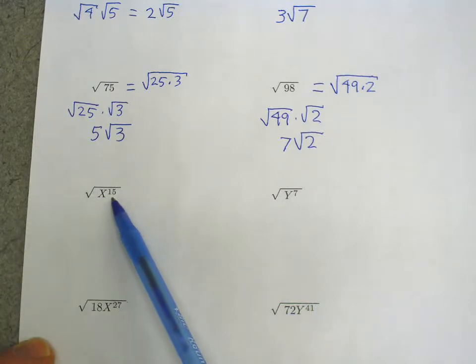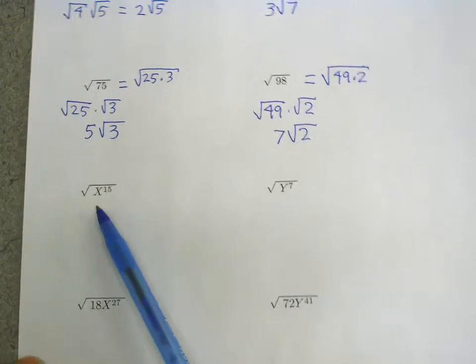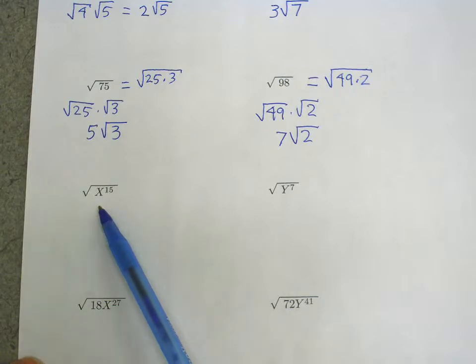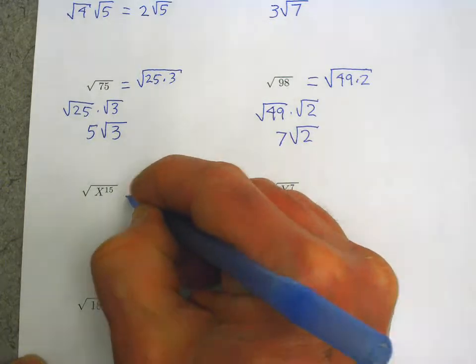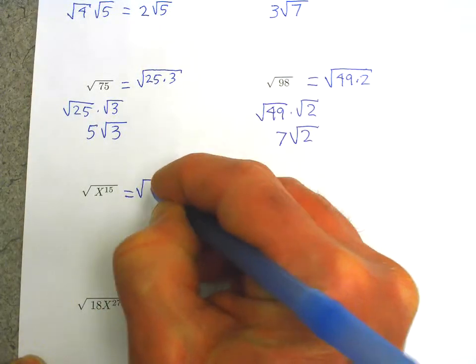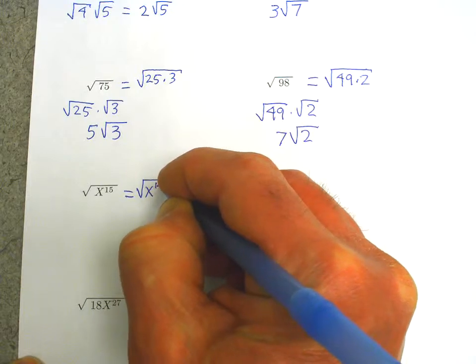The exponent 15 is not a multiple of 2. It's an odd number. But the largest factor of x to the 15th that is a perfect square is x to the 14th, and x to the 14th times x is x to the 15th. So we're going to rewrite this as the square root of x to the 14th times x.